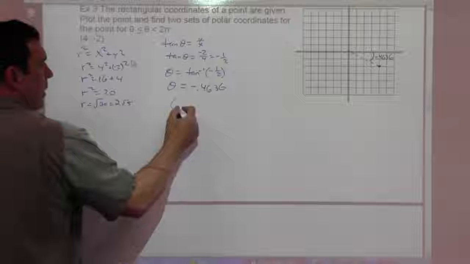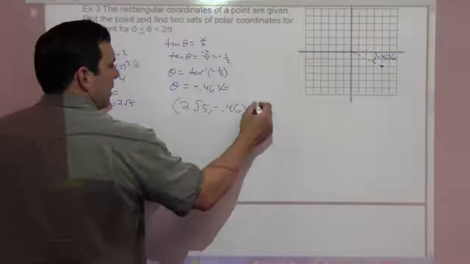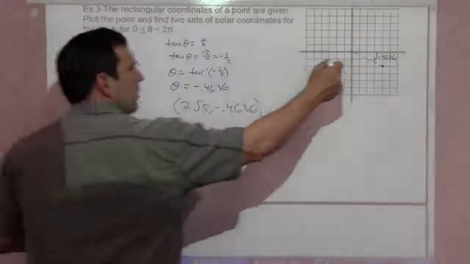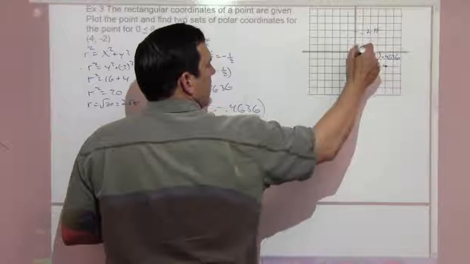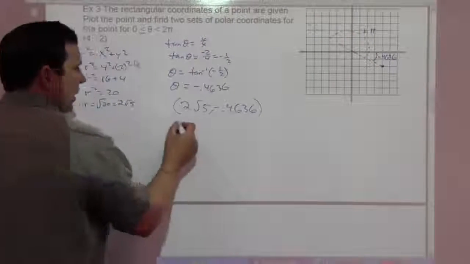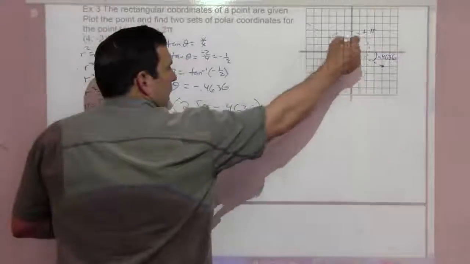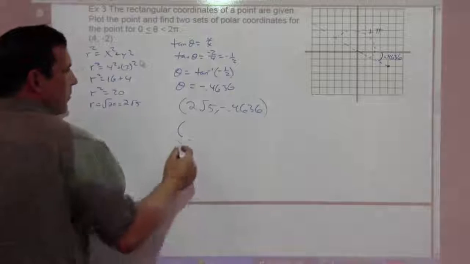So one point would be 2 root 5 comma negative 0.4636. Another point would be, if we were to look at it around here, pi later. So it would be not 2 root 5, but negative 2 root 5 brings it back down that direction.